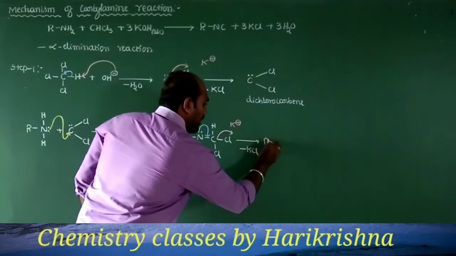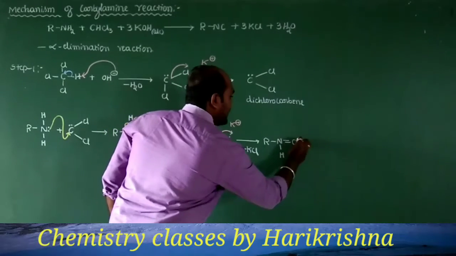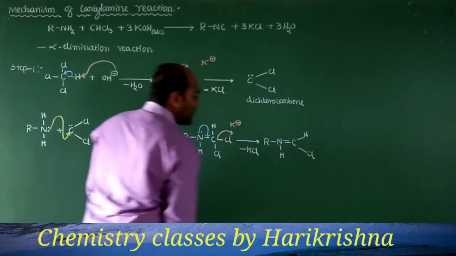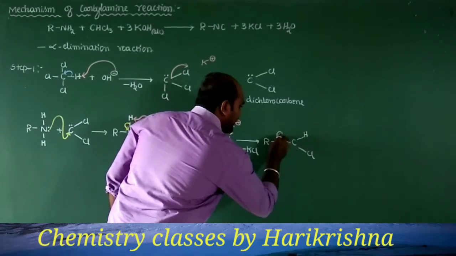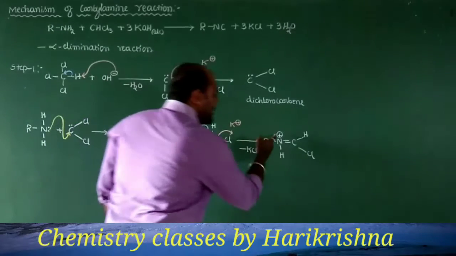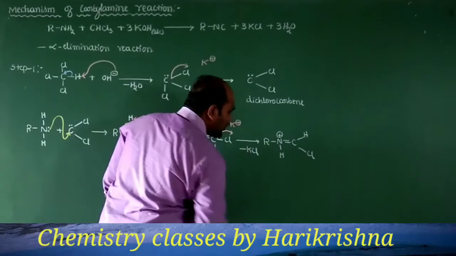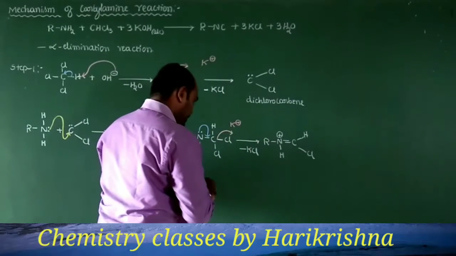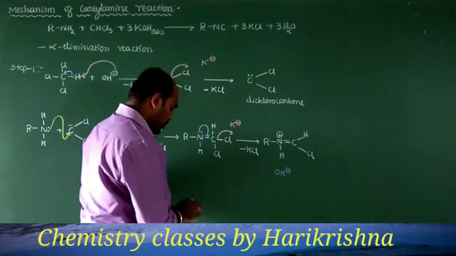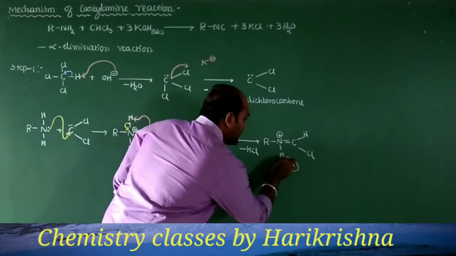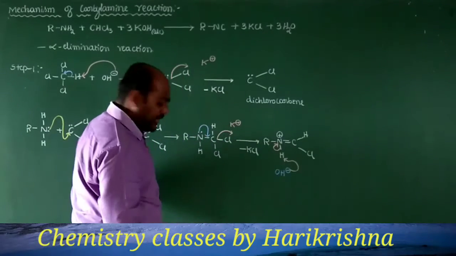So that we get R, N, double bond, C, H and Cl. But here once again you can notice nitrogen lost its lone pair of electrons. So once again it gets a positive charge. So to satisfy this positive charge, once again the bond pair of electrons present between nitrogen and hydrogen will shift onto nitrogen. But this H will once again come in contact with OH⁻. This OH⁻ will pick this hydrogen, therefore this bond pair of electrons will shift onto nitrogen.